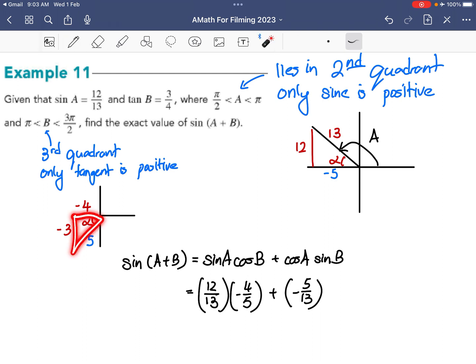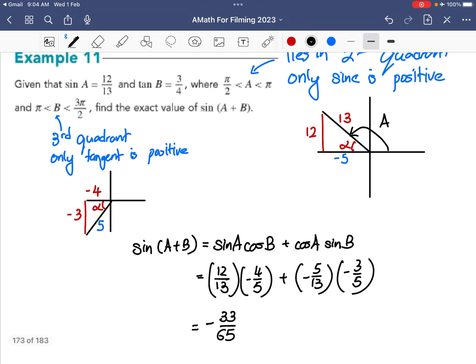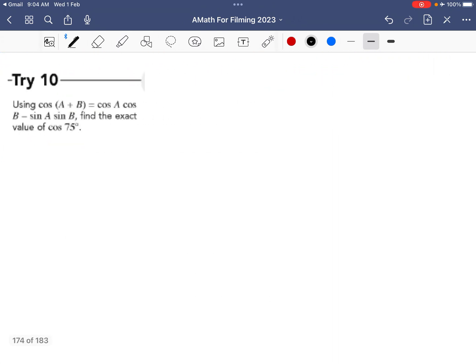Sine is opposite over hypotenuse. Opposite is negative 3, hypotenuse is 5, so I get negative 3 over 5. In the third quadrant, only tangent is positive, so sine of B being negative 3 over 5 is all good. Eventually, if I use my calculator, I'll find that the exact value of sine of A plus B is negative 33 over 65.